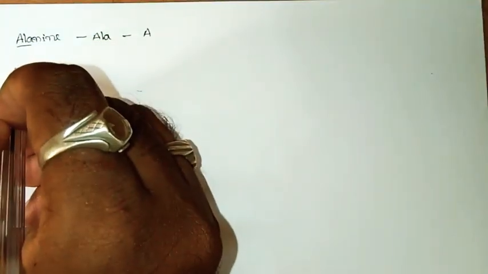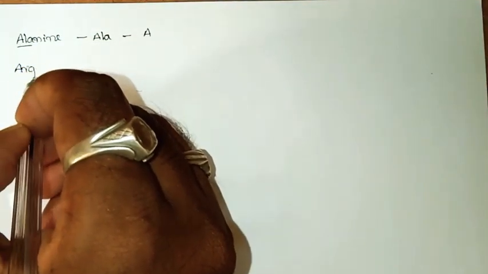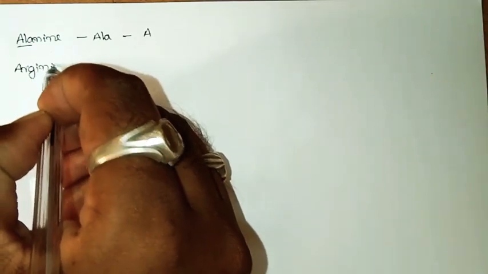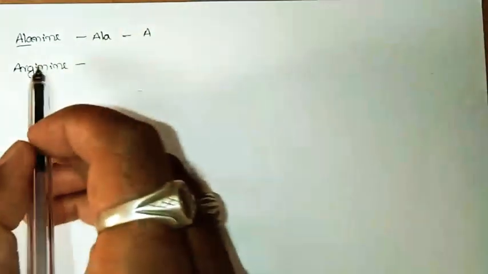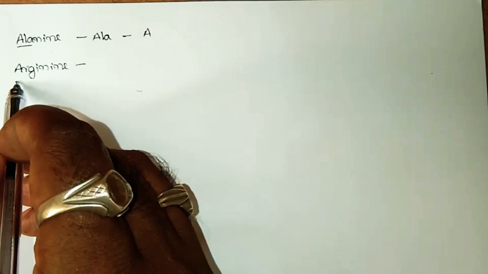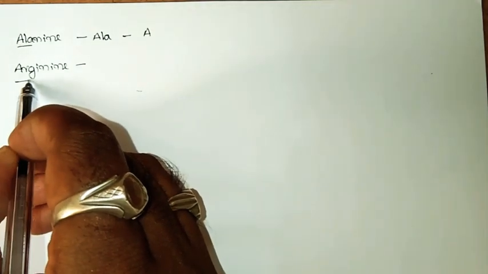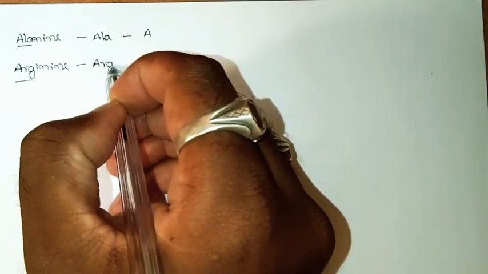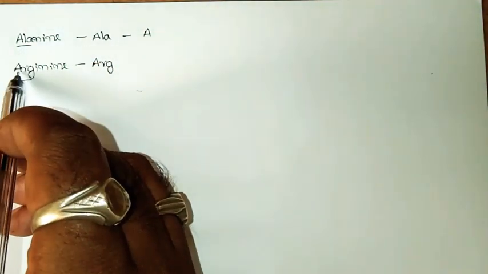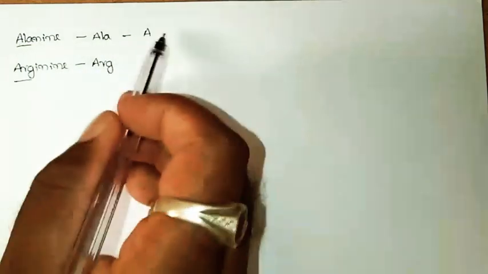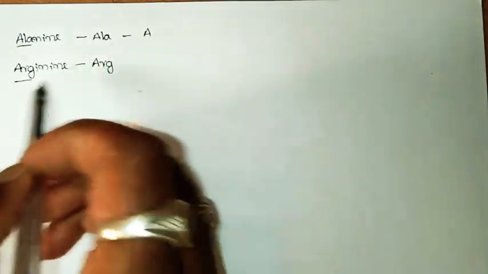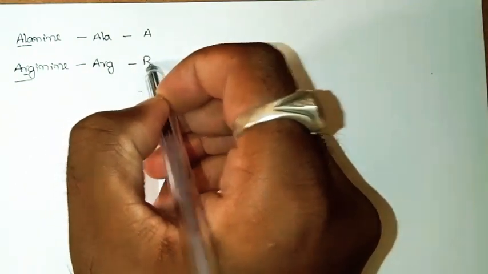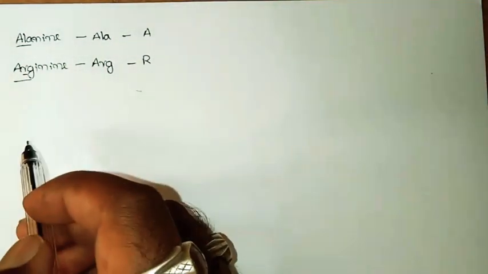The next amino acid is arginine. In a three-letter form, we can write arginine as ARG. But we cannot give the letter A for arginine because it is already given for alanine. So we will go with the second letter, that is R, as the symbol for arginine.